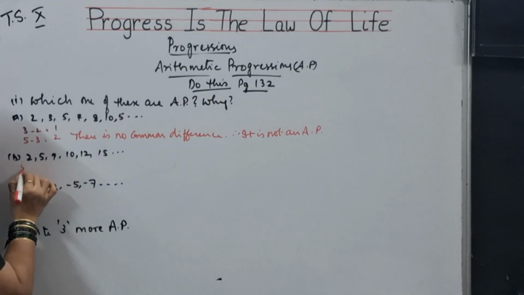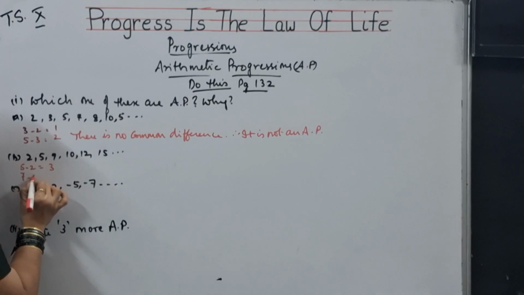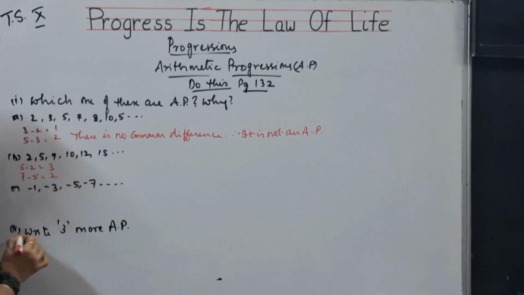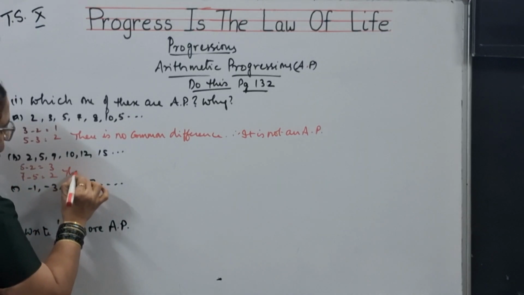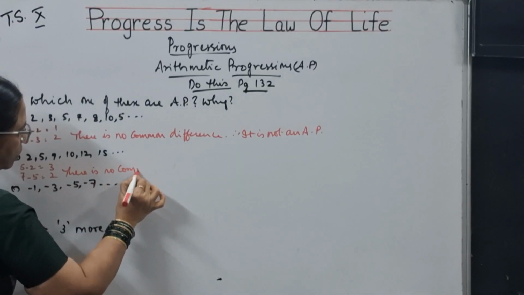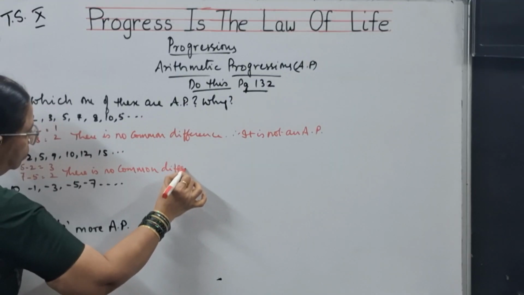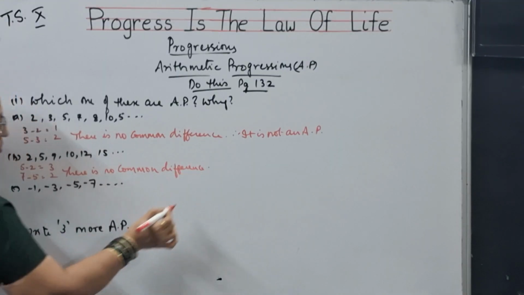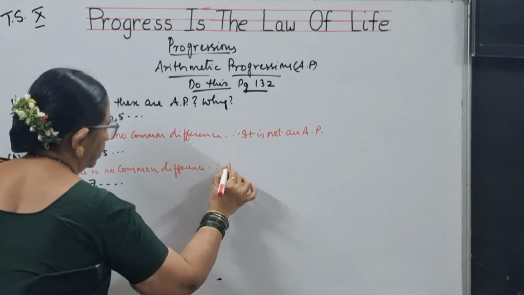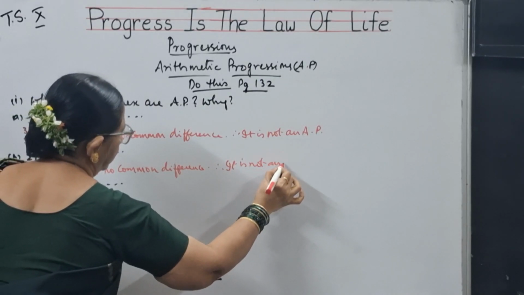Similarly, here you see 5 minus 2 is 3, 7 minus 5 is 2. Here also there is no common difference. Since you have no common difference, it is not an AP.